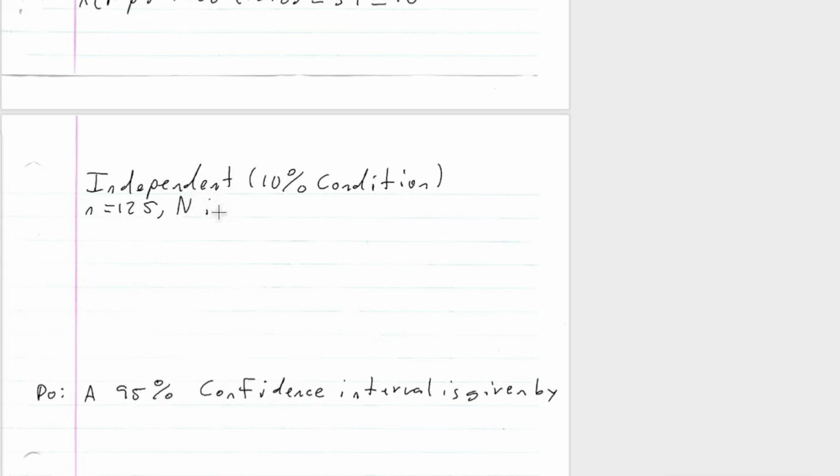Now let's do our independent condition, also known as our 10% condition. So n is equal to 125, and big N is the number of teens in the state.